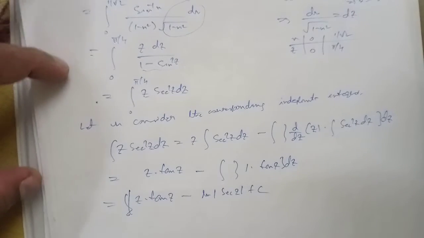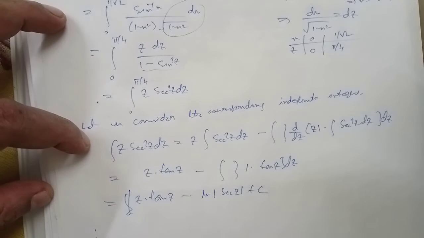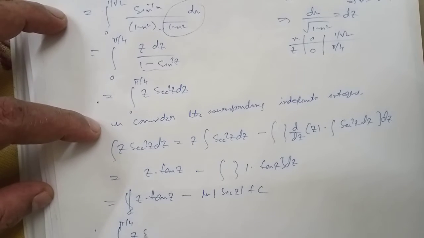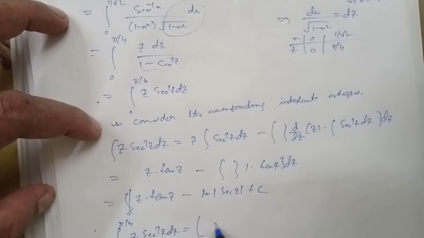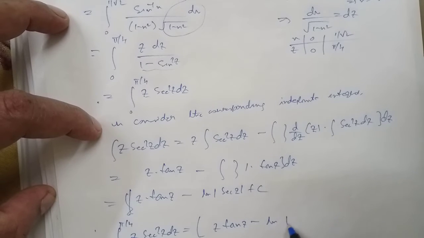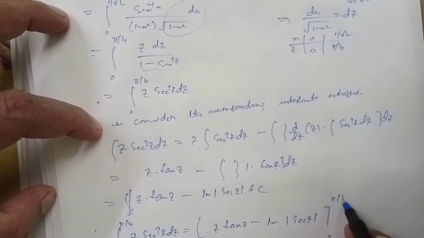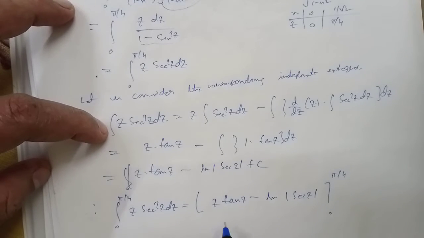Now we have to write the corresponding definite integral. So in this way, therefore integration 0 to pi by 4 z sec square z dz is z tan z minus ln of mod of sec z from 0 to pi by 4. Put pi by 4 first.